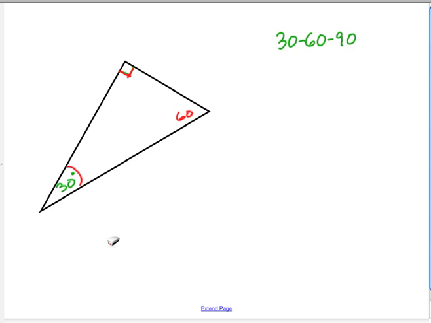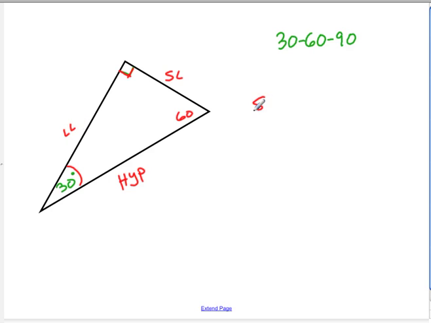And in a 30, 60, 90 triangle, we have a hypotenuse, a short leg, and a long leg. Okay, and let's see.